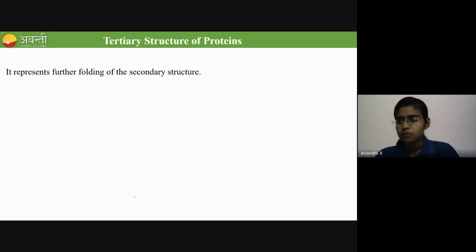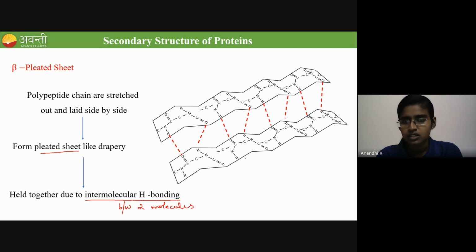The sheets are placed, what is your doubt? The sheets are placed side by side, or can you repeat? Yeah, you are asking about the placement of the sheets.